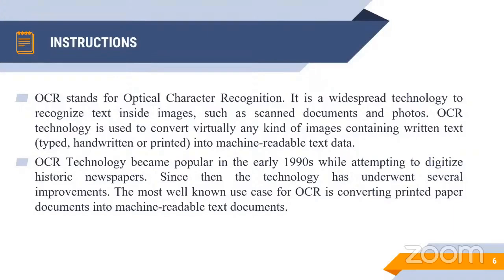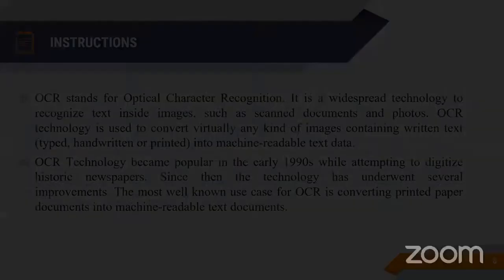OCR became popular in the early 1990s while digitizing historic newspapers. Since then, the technology has undergone several improvements. The most well-known use case for OCR is to convert printed paper documents into machine-readable text documents.